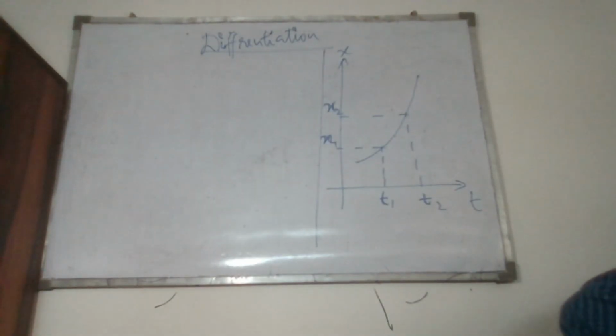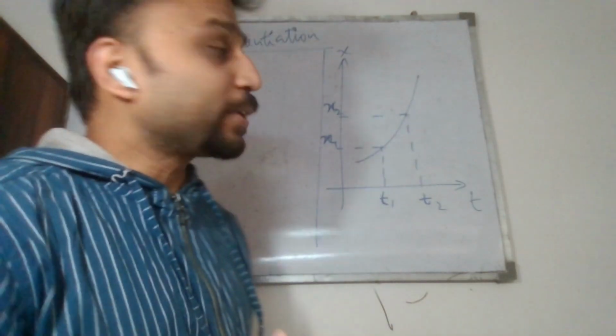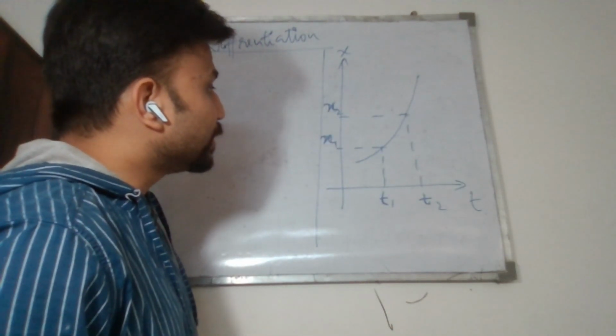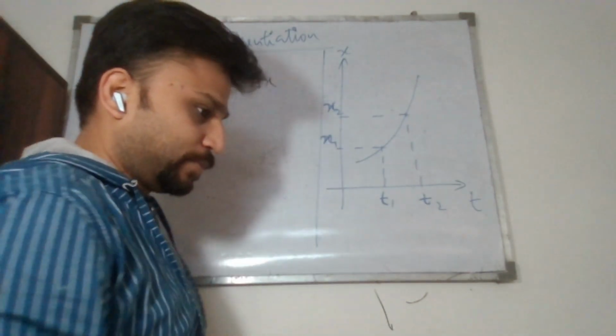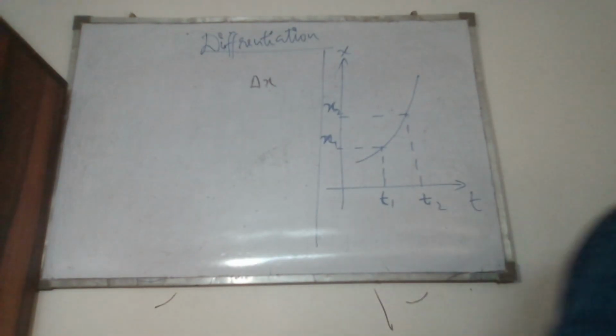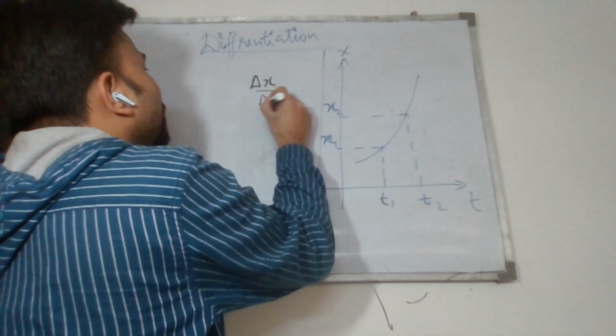Now if you can help me find the average velocity in this case, the average velocity is delta x upon delta t.